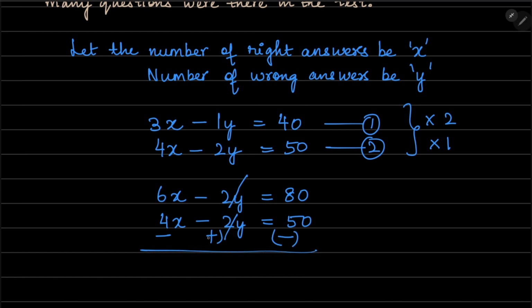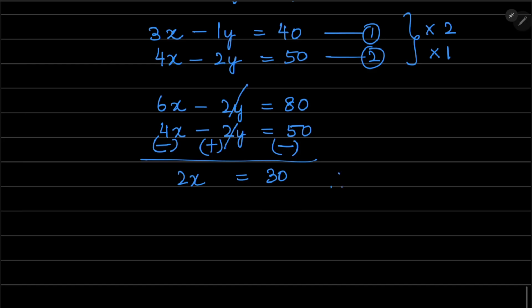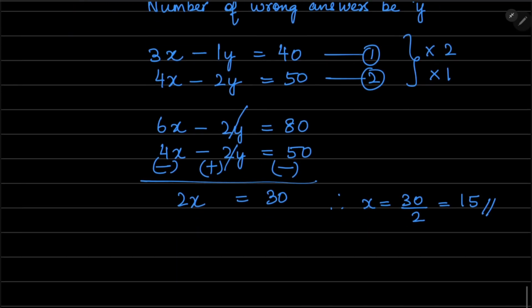So what is 6x minus 4x? It's 2x equal to 80 minus 50. It is 30. Okay. So therefore, your x is equal to 30 divided by 2, which is 15. So the number of right answers is nothing but 15.